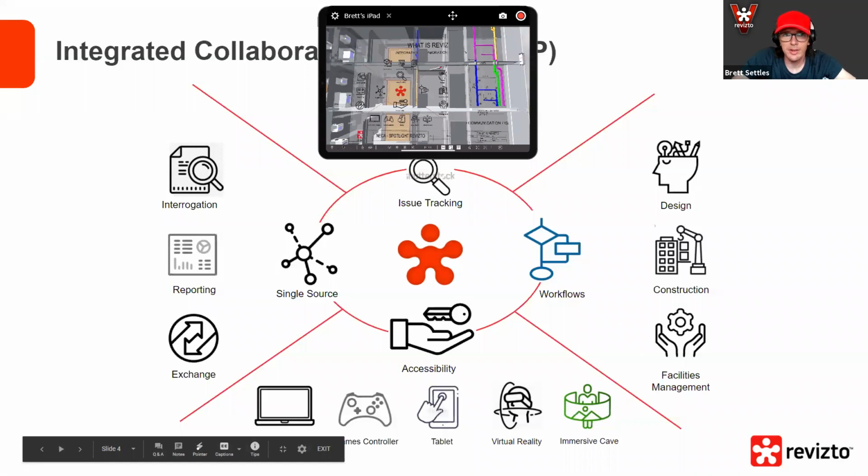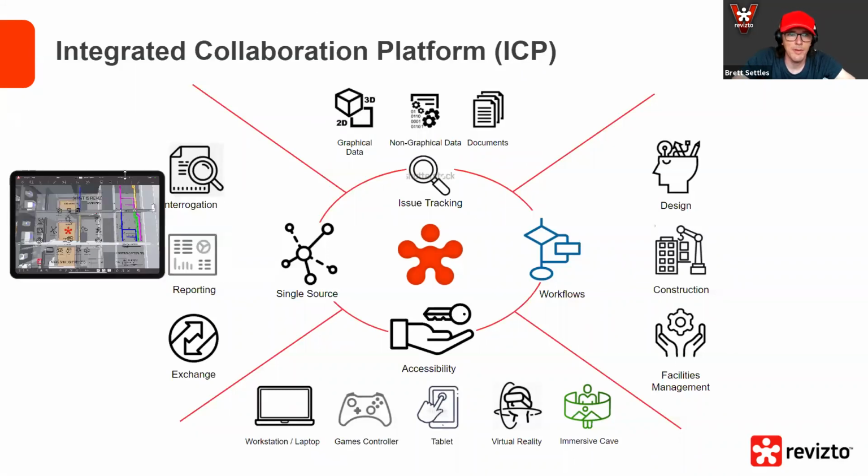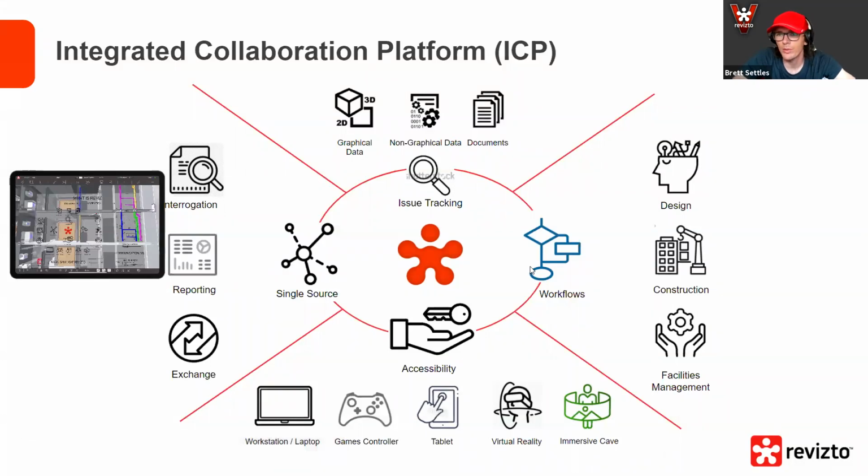Now, first of all, since this webinar is very, very targeted, I want to bring up the fact that we do operate on an entire project lifecycle, and that really relates to why we call our product an ICP, or an integrated collaboration platform. Today, we're really going to be focusing on accessibility. But keep in mind, we have various workflows that span all the way from conceptual design through documented design, coordination, construction, estimating, and so on.